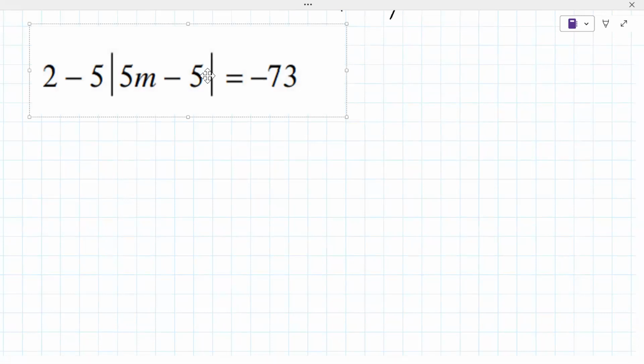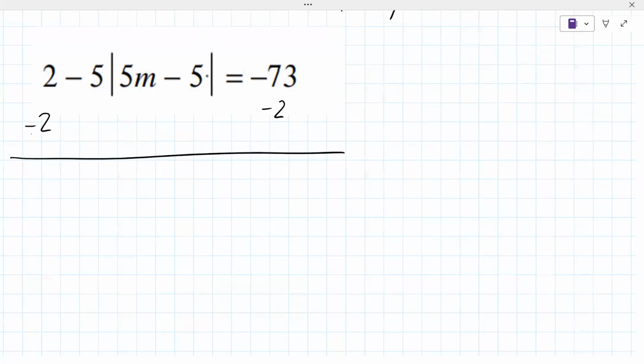That's -5, 5n minus 5 equals 13, and 5n minus 5 equals 13, and 5n minus 5... 18, so that would be n equals 18.